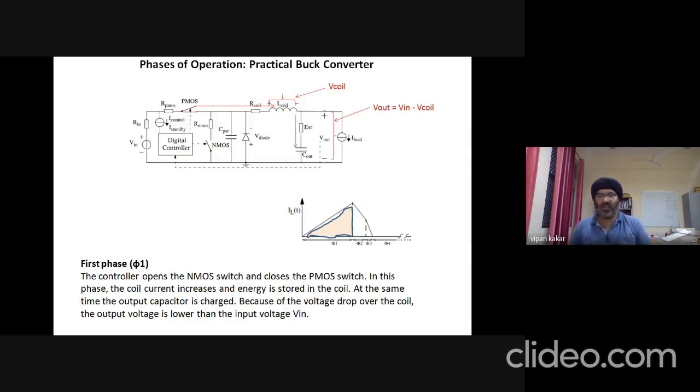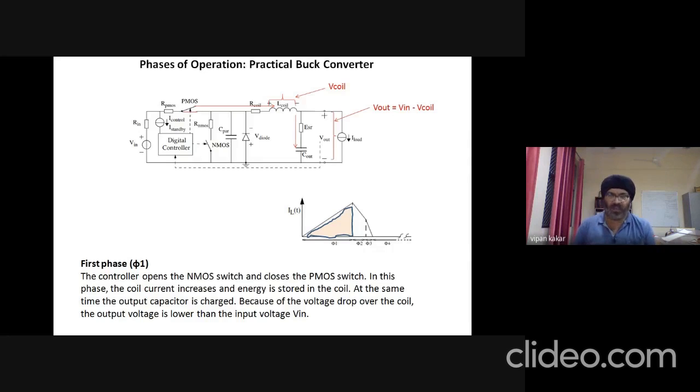Now, we already know that in this phase, when this configuration takes place, PMOS on and NMOS off, the coil current starts to increase and energy starts to develop inside the inductor. At the same time, the current shown in red also goes through this capacitor and charges it. And we already know that the voltage drop happens in the coil.